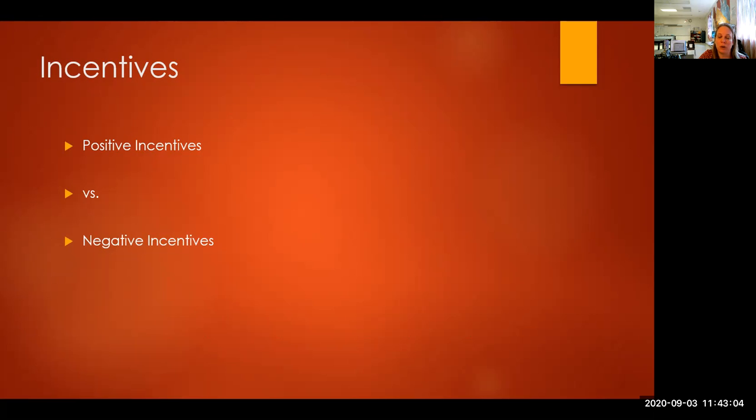Well, if you break the speed limit, that's going to result in a ticket if you get caught. So that would be an example of a negative incentive. Positive incentives are things that attract you to a certain behavior. Negative incentives are things that discourage you from a certain behavior.